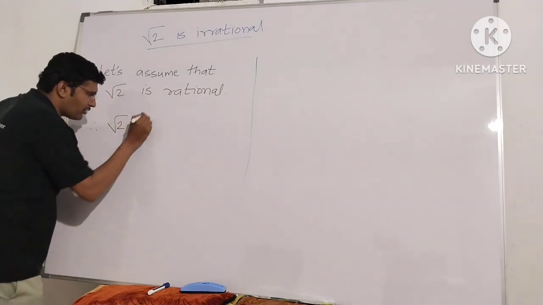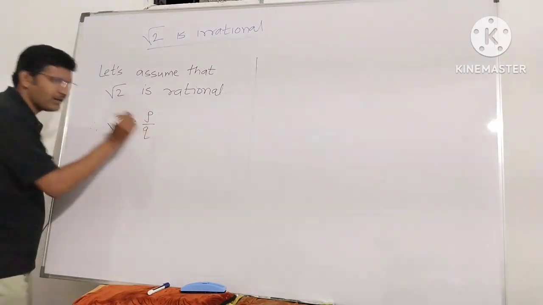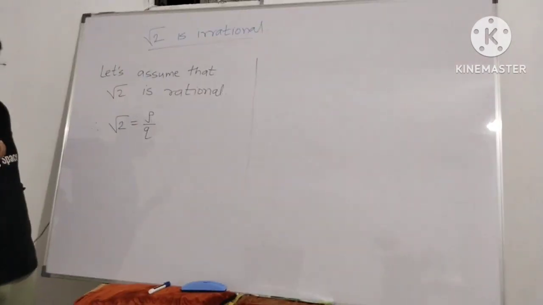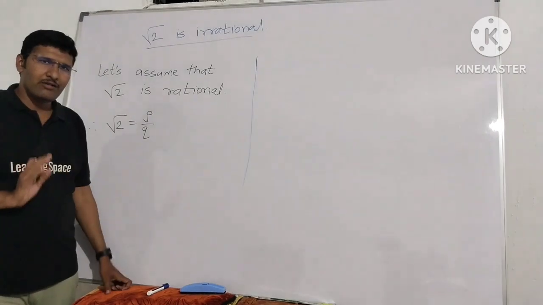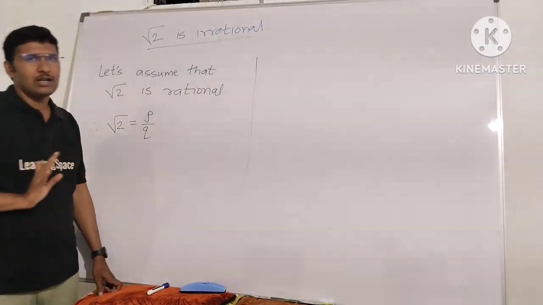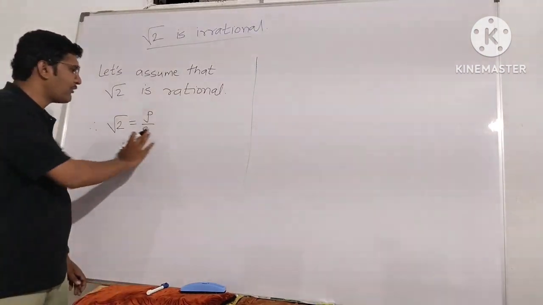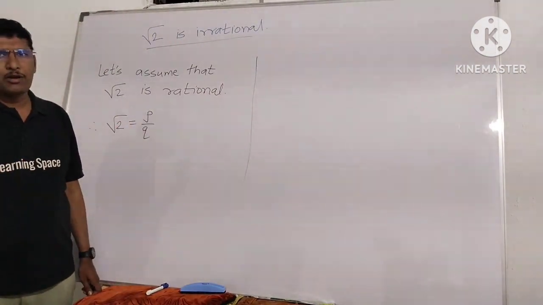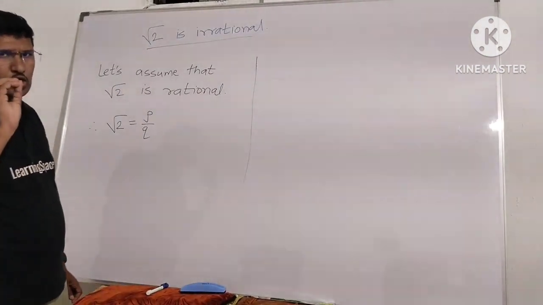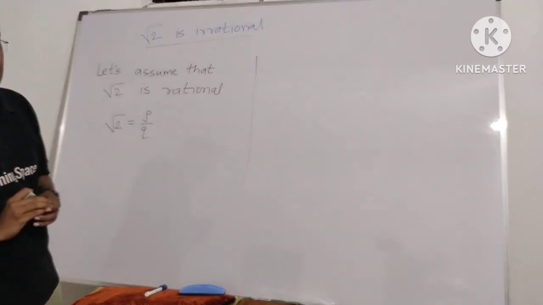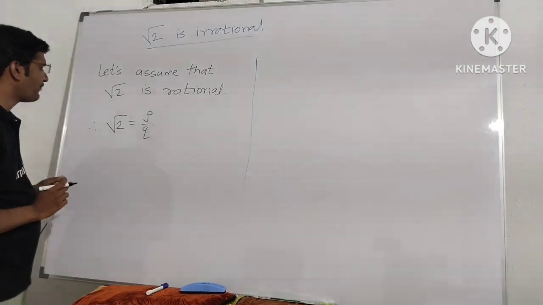When we represent it in the form of p by q, you have to be aware that p and q are integers, q is not equal to 0, and p and q don't have any common factor, as we discussed in the basic concepts in the beginning.